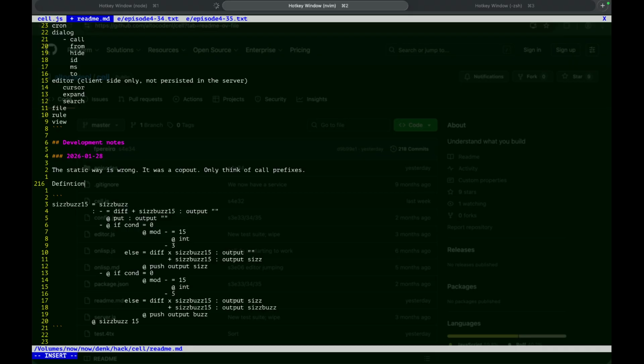Definitions don't depend on anything unless you're referring to a definition. Alias would be this. That would be an interesting test to make.